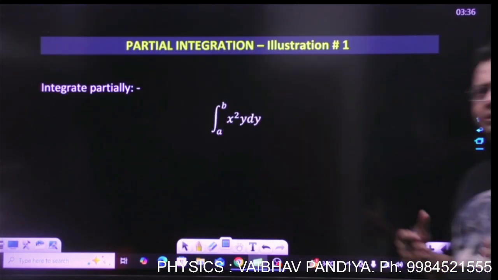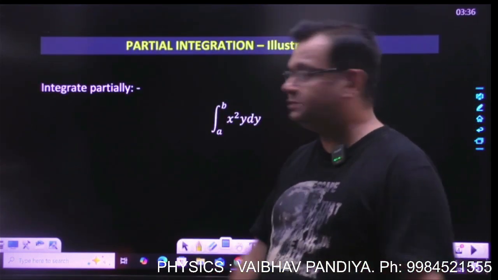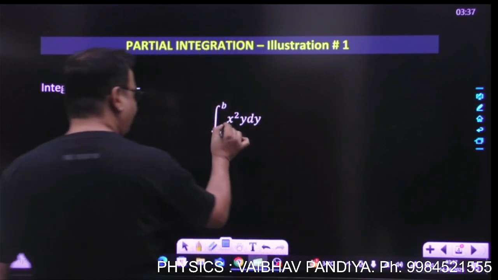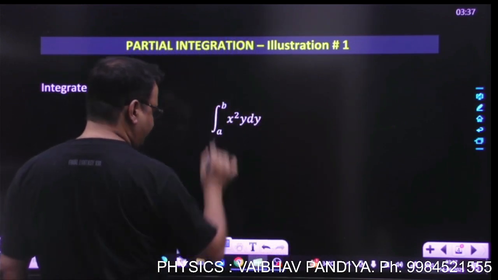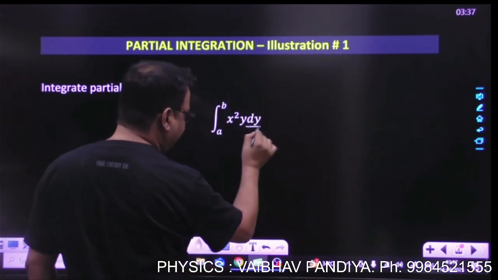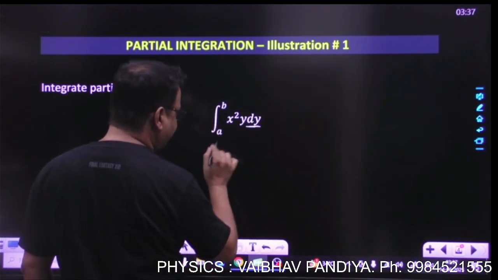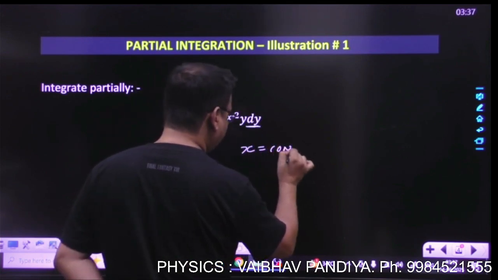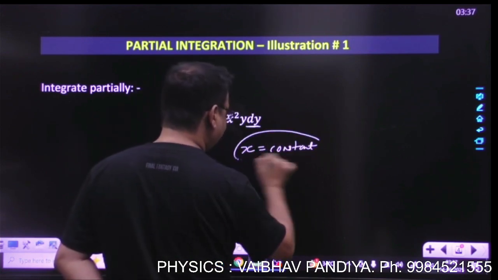Got it? Now to make the process more clear, we are doing some illustrations. Same integral of x square y dy from a to b and we will integrate partially. So here we have dy, so we'll integrate with respect to y. So x is treated as what? Constant.